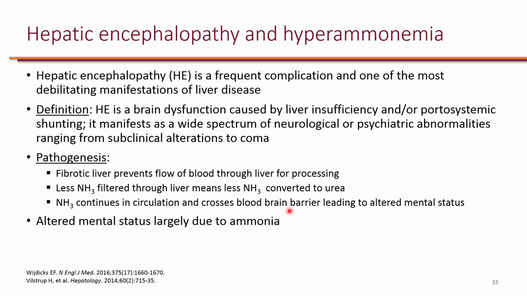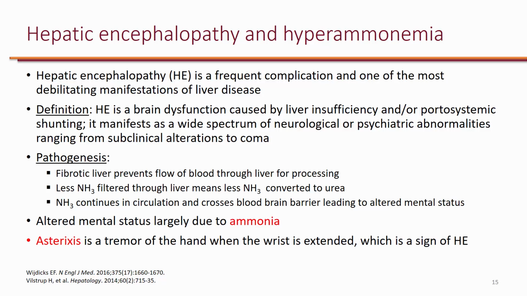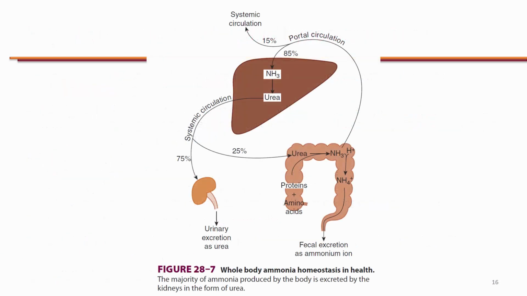So this altered mental status is largely due to ammonia. Another manifestation that you will see in patients with hepatic encephalopathy is asterixis, which is a tremor of the hand when the wrist is extended. I have posted a video on asterixis, so you should check it out.